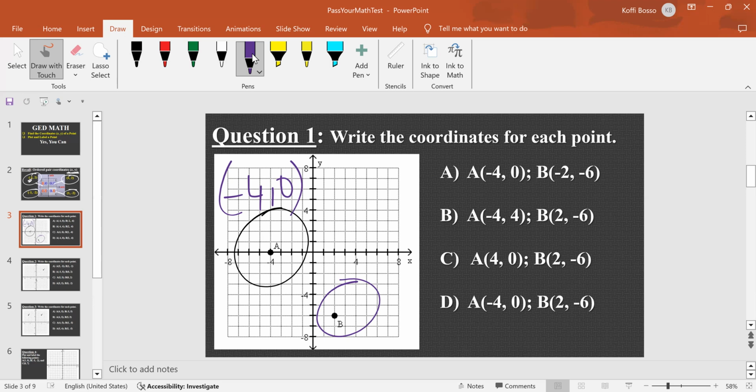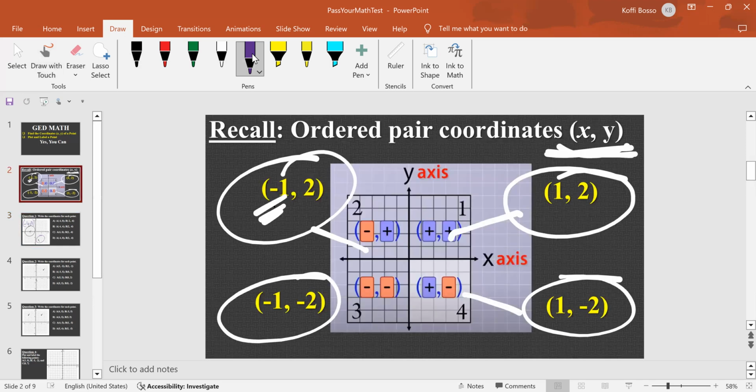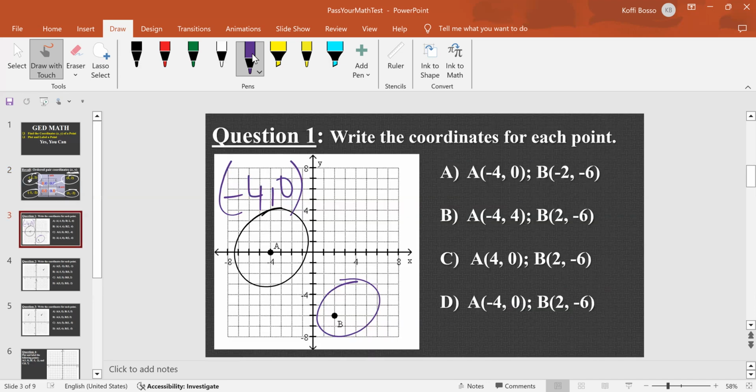Okay, negative 4, 0. And the point B, which is in quadrant 4. Remember, we said that in quadrant 4, a point will have the x value positive and the y value negative. Therefore, here, I can draw this to the x. So the x here is what? Positive 2.